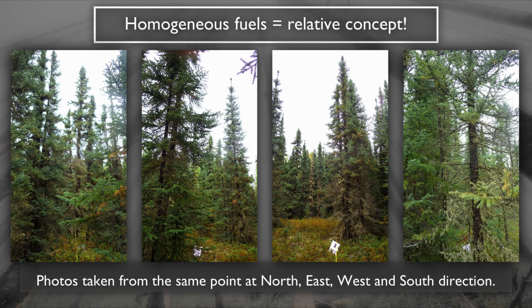Normally, plot level fuel weight and bulk density calculations will be aggregated to a larger stand, but will the aggregated data be representative of that stand? The reality is that natural forest structure is highly variable, as the photos show. A companion video demonstrating the use of LiDAR data to map fuel structure shows that this variability can be captured at a very high resolution.